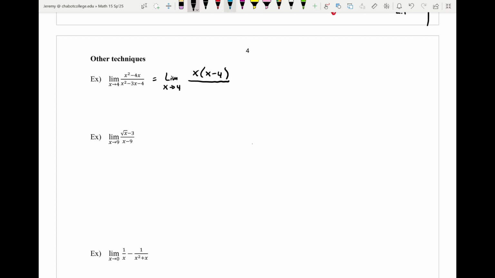And the denominator factors as well, doing a little diamond method or whatever works for you. What two numbers multiply to negative 4 and add to negative 3? I think we get negative 4 and positive 1. So the denominator will factor to (x minus 4) times (x plus 1).